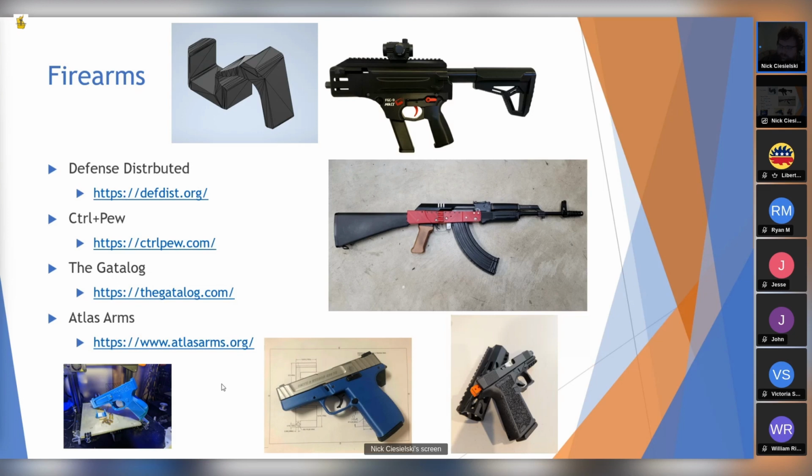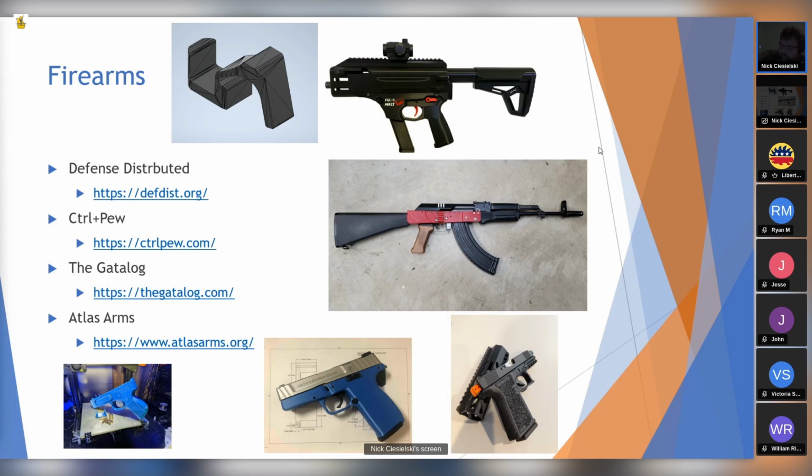Especially being the Libertarian Party of Georgia, we're always looking at what's going to create more freedom. The ability to say, hey, you can ban it, but we can print it and we can have access to it, and there's nothing you can do to stop us. These FGC-9s, I have seen pictures of those showing up in the fighting in Myanmar against the government coup that went on there.